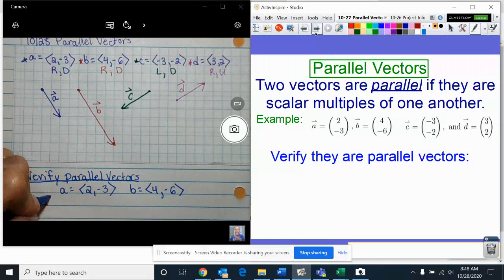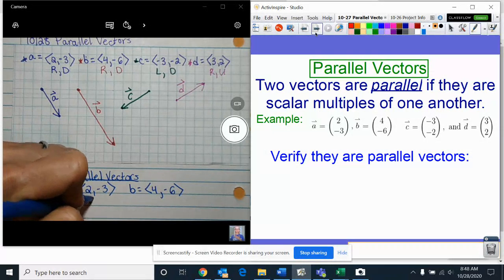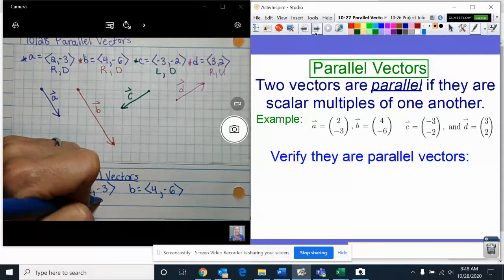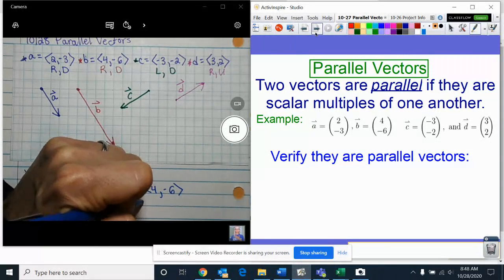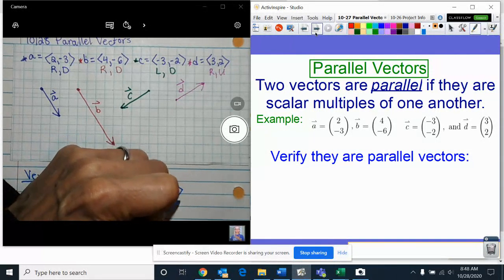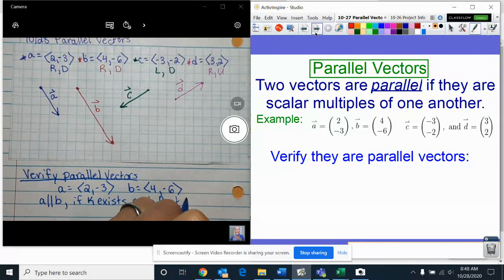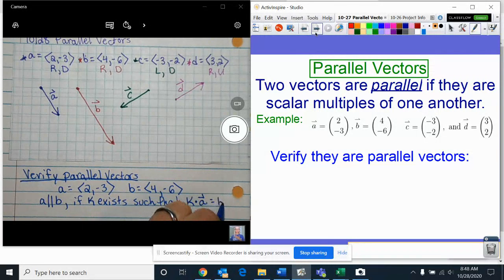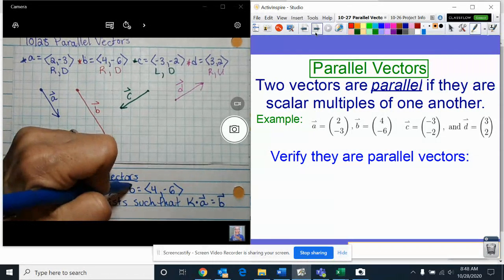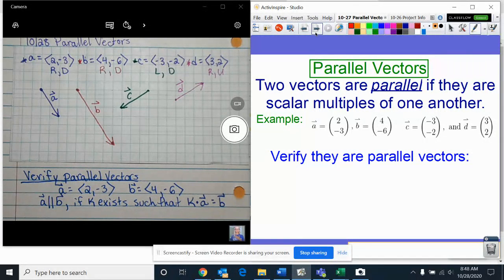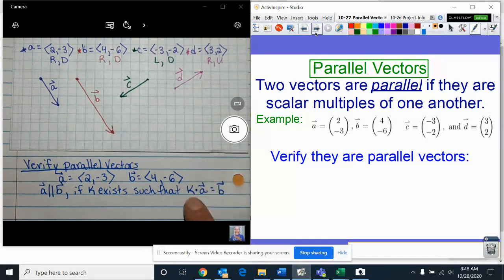Well, A is parallel to B if there exists a K such that K times A equals B. I forgot my vector arrows. So what we're looking for is this K. What is this scalar multiple?